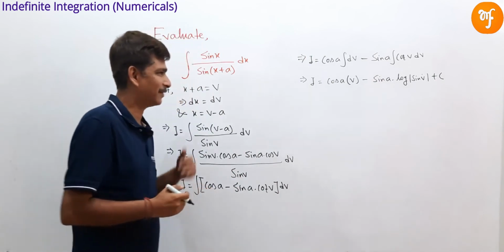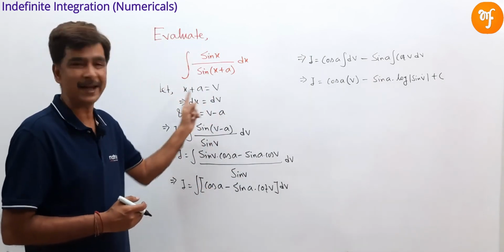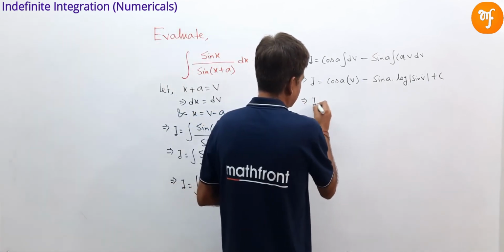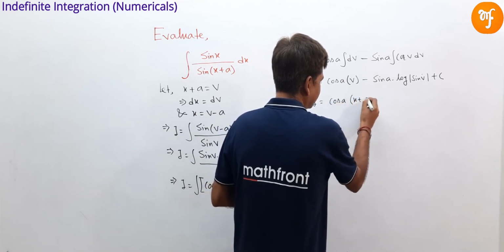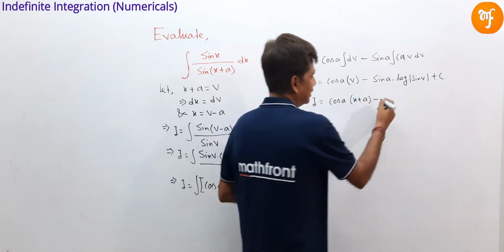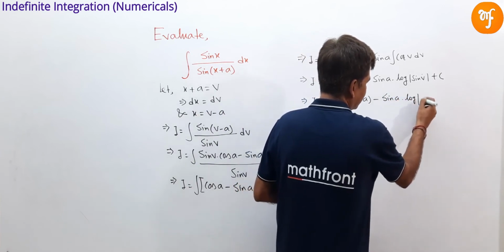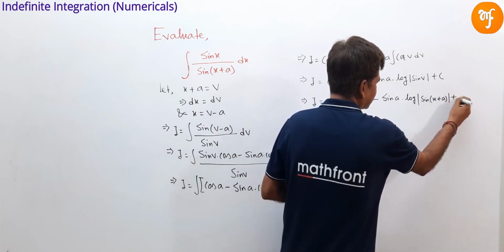Now to get the final result in terms of x, we will substitute v by x plus a. So I is equal to cos of a into x plus a minus sin of a into log of mod of sin of x plus a plus c.